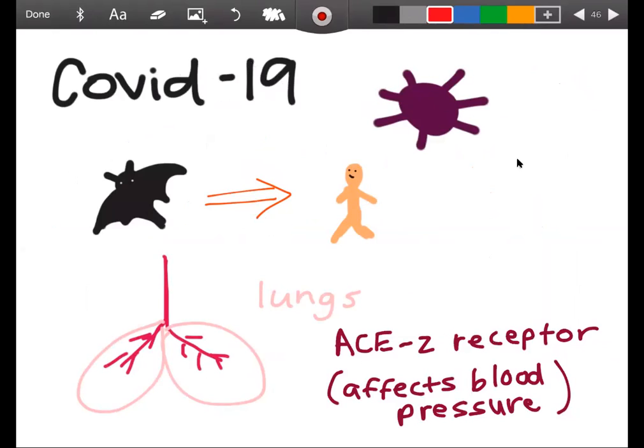COVID-19, on top of being a spherical shaped virus, is speculated to have been transferred from bats to humans. And COVID-19 also infects the lungs. It specifically targets the ACE2 receptor, and this receptor affects blood pressure.